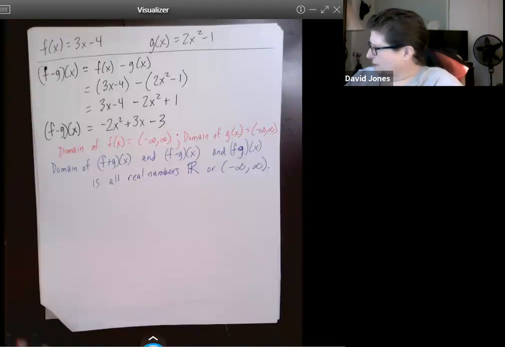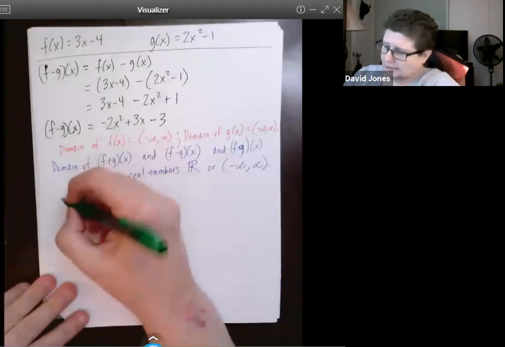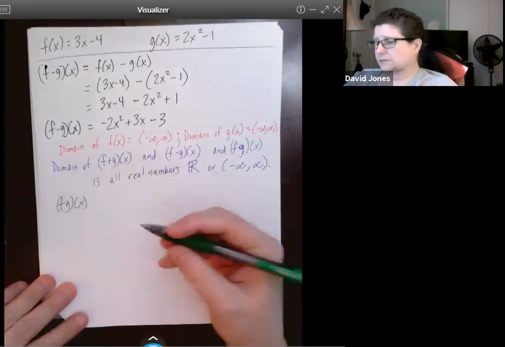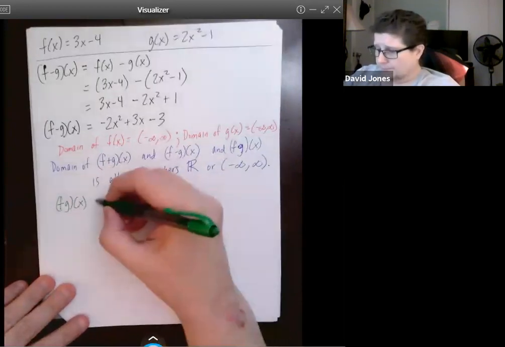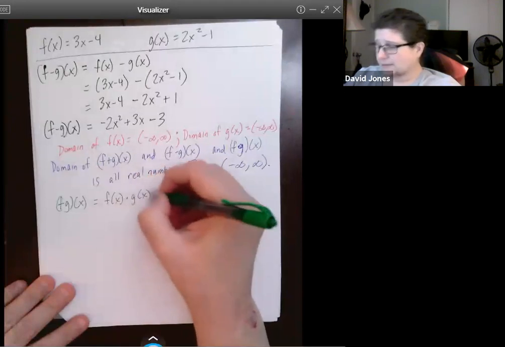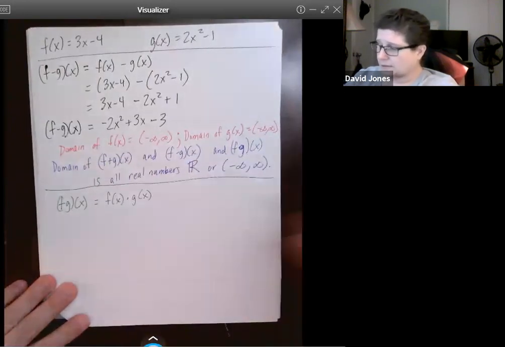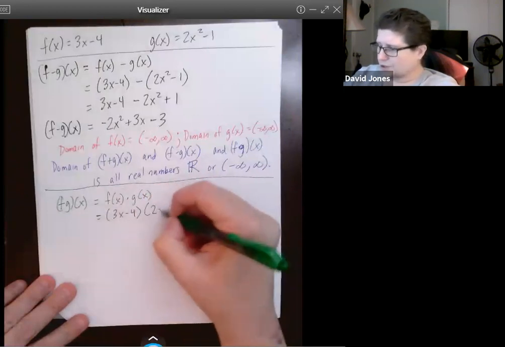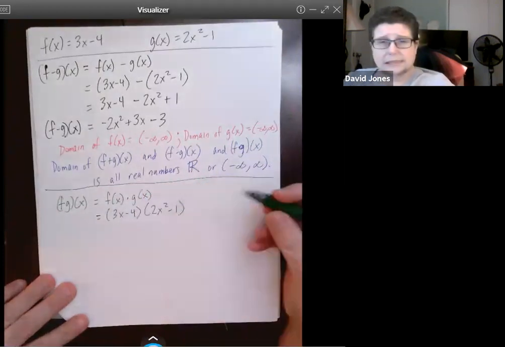All right, so that's the subtraction one. Let's take a look at fg of x. So here we're going to do the product one. So this is f of x times g of x. And that's 3x minus 4 times 2x squared minus 1.